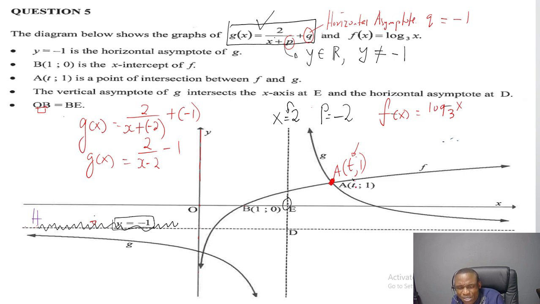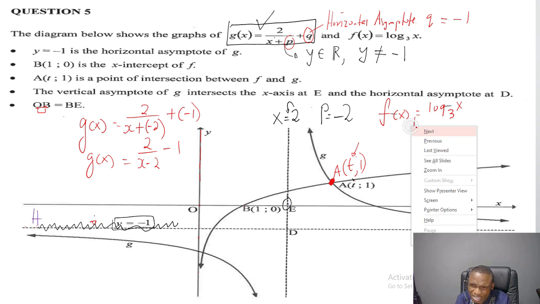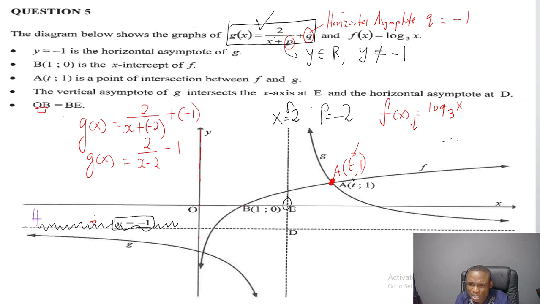Our x in this case is t. So it's okay, I'm going to use f of x. I can use f, I can use g, because both pass through the point a. Now if I'm using a logarithm function to find t, let me write this log function in exponential form first, because it is easier to work with it in the exponential form.